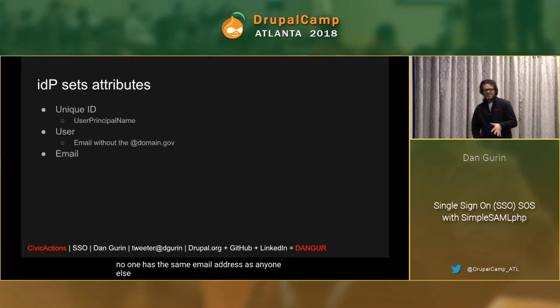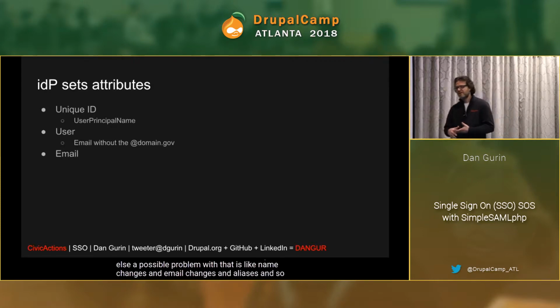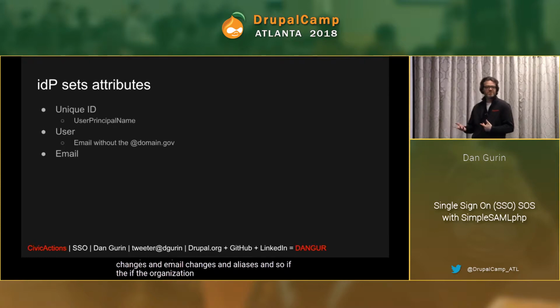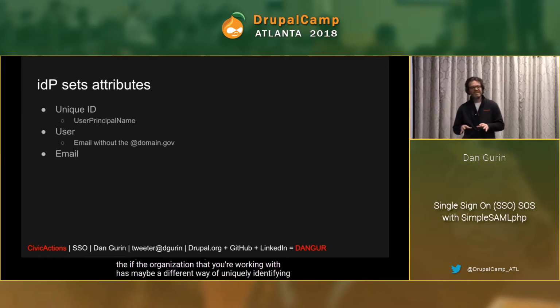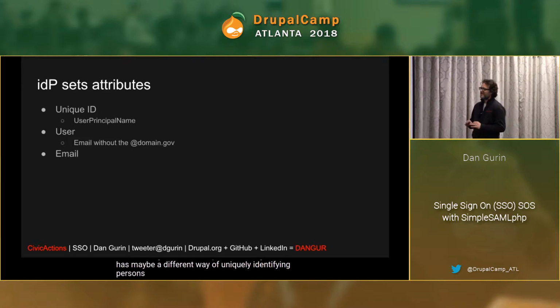A possible problem with that is name changes and email changes and aliases. If the organization you're working with has a different way of uniquely identifying persons, then that would probably be preferable to the email, but you can always use the email.